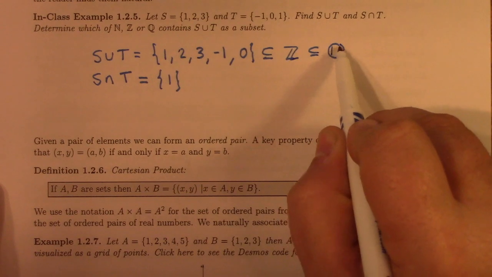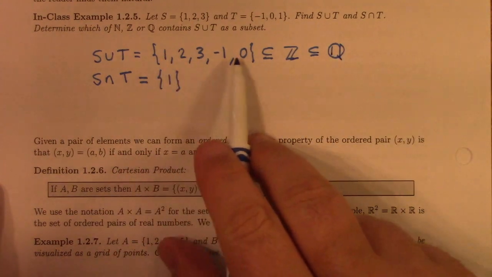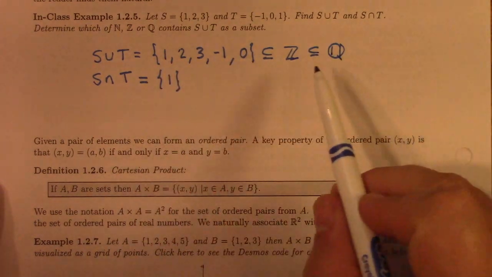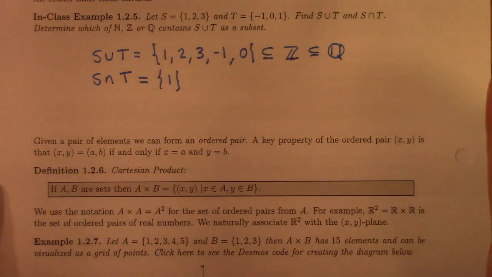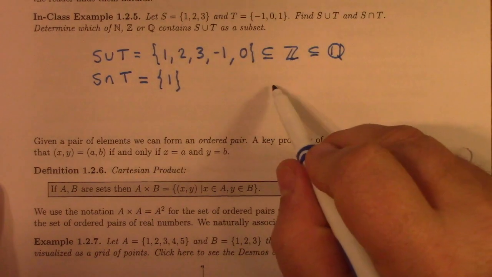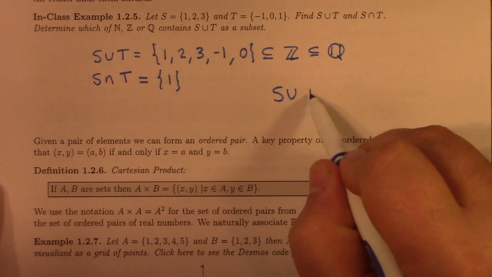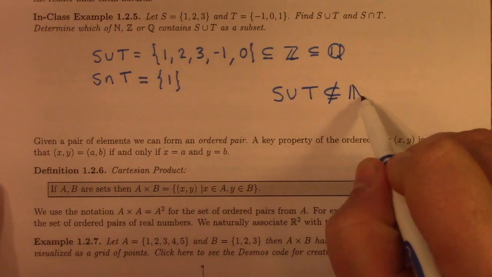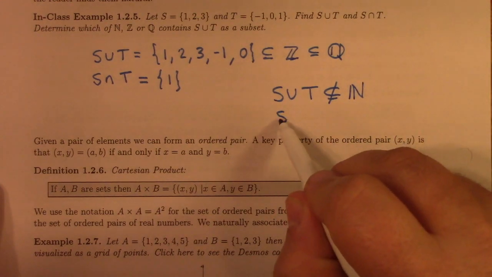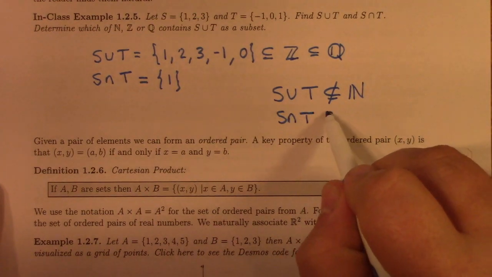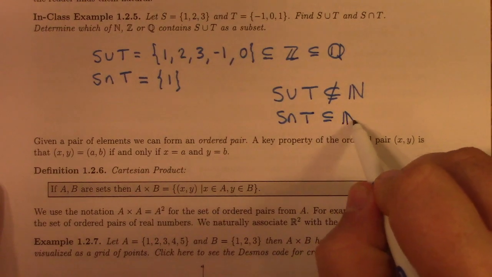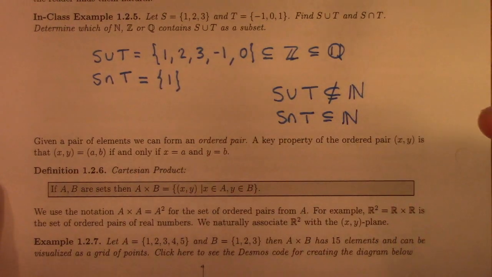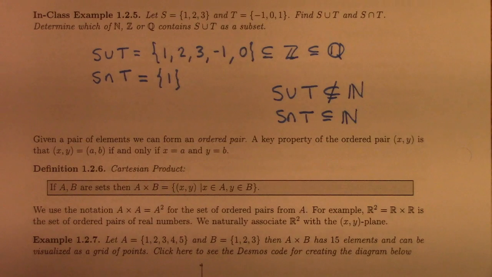So in other words, the union of S and T is a subset of both the integers and the rational numbers, but it's also true that S union T is not a subset of the natural numbers. On the other hand, S intersection T is a subset of the natural numbers because the number 1 is a natural number.